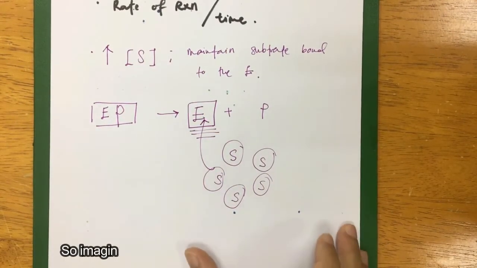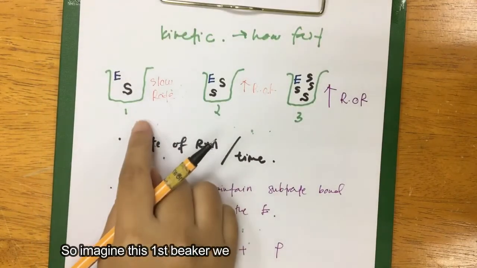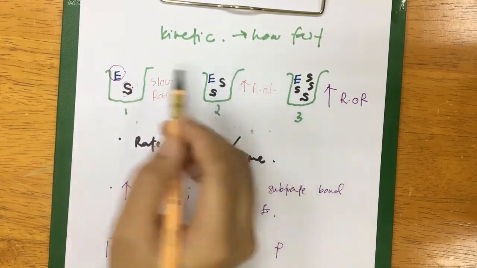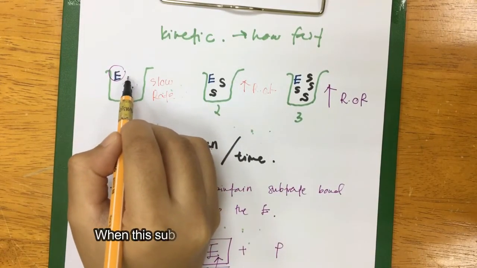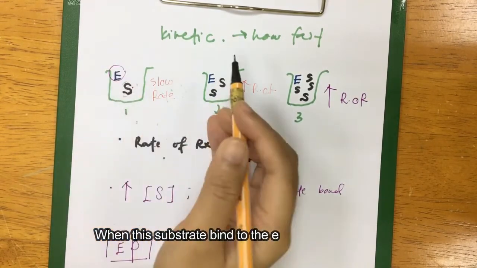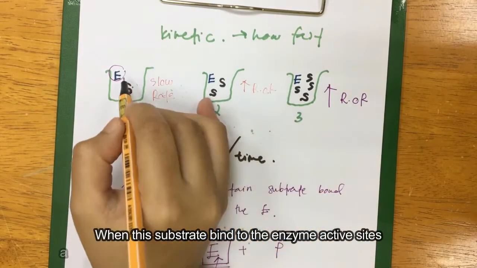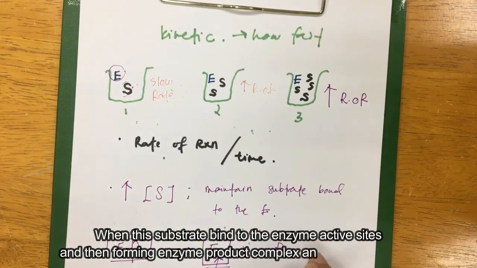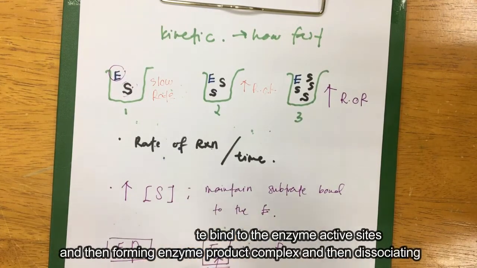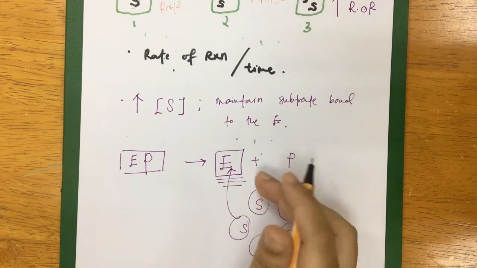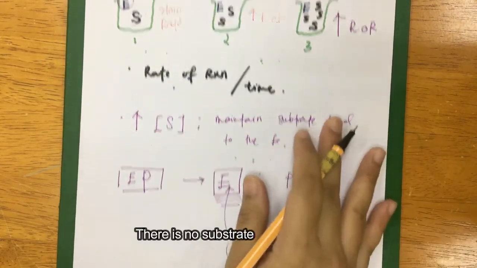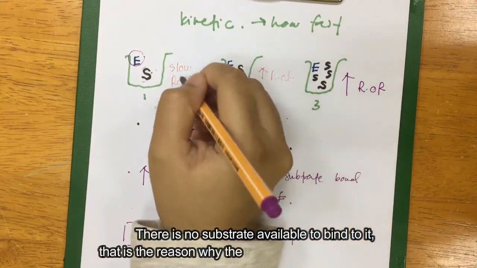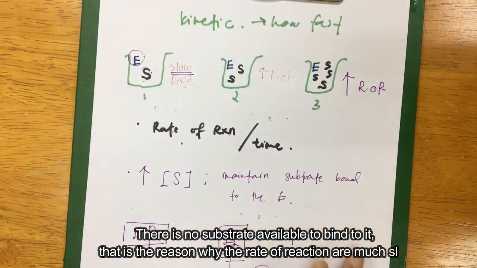So imagine this first beaker, we have one enzyme and one substrate. When this substrate binds to the enzyme's active site and then forms the enzyme product complex and then dissociates, there is no substrate available to bind to it. That is the reason why the rate of reaction is much slower.